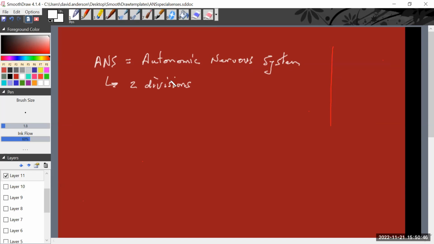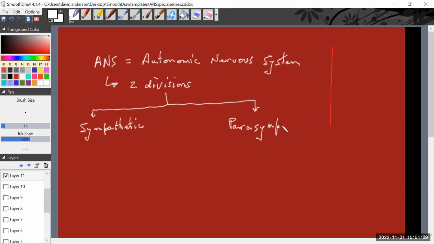So when we look at the two divisions of the autonomic nervous system, one division is called the sympathetic division of the autonomic nervous system, and the other one is called the parasympathetic division.